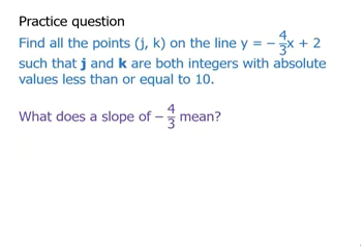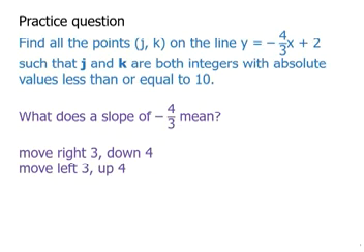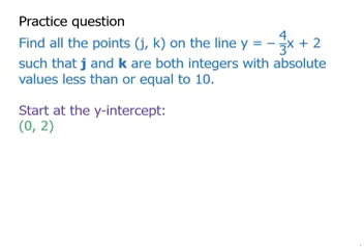Now, what does a slope of negative 4/3 mean? Here we're going to take the numerical perspective on slope. Slope means move right 3, down 4. Or it could mean move left 3, up 4. So if we start at the point (0, 2), then if we move right 3, down 4, we go from 0 to 3 and down from 2 to -2.